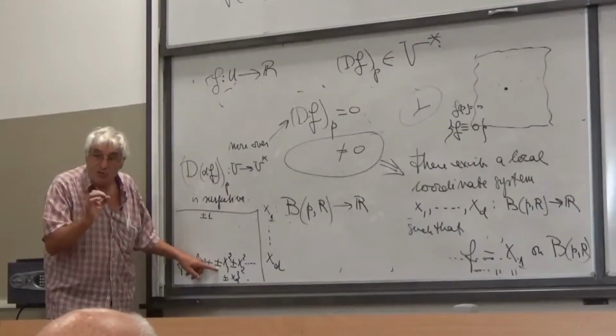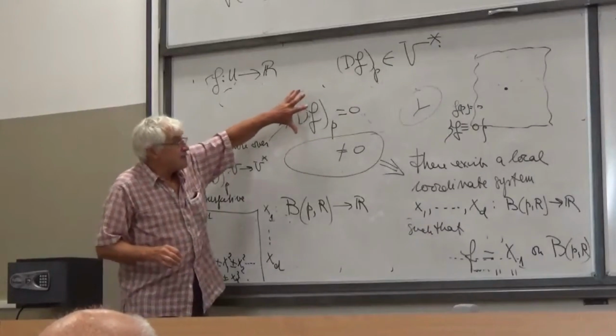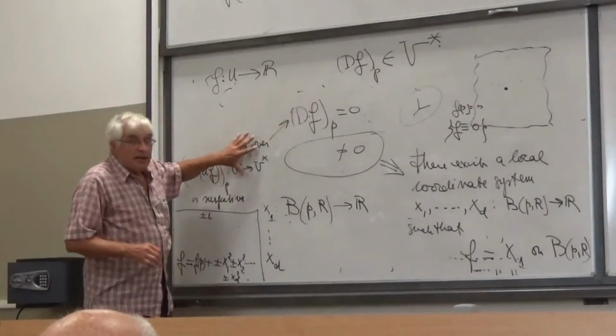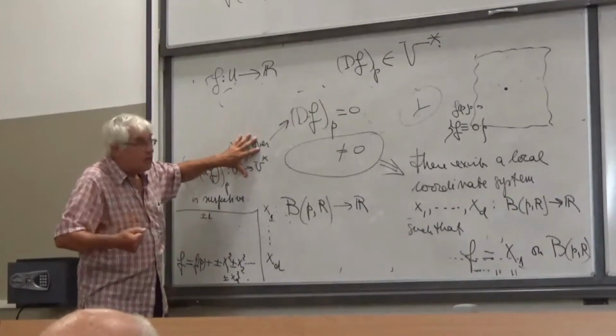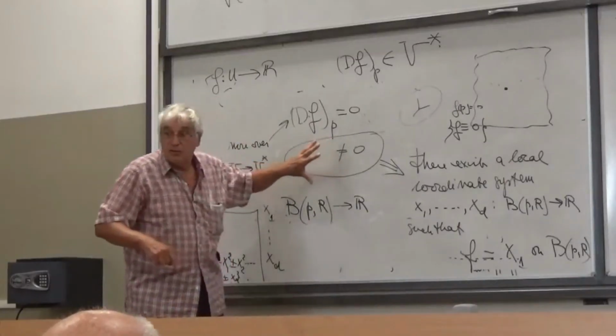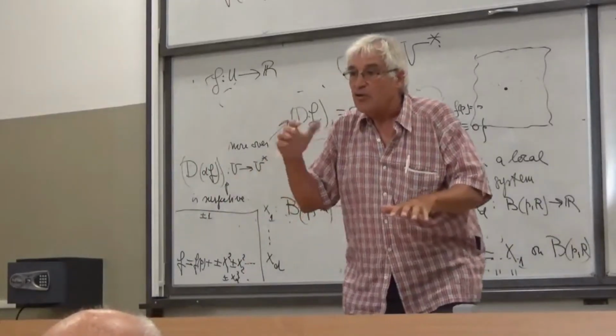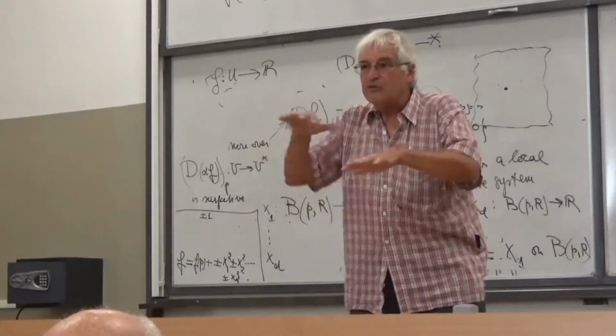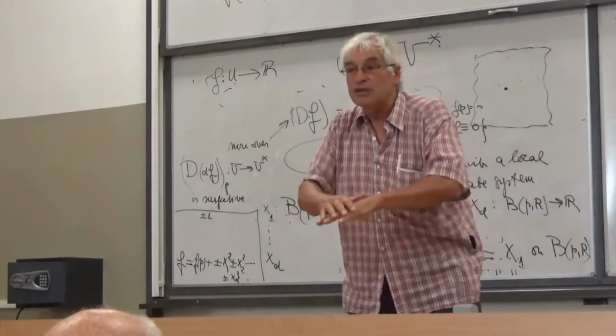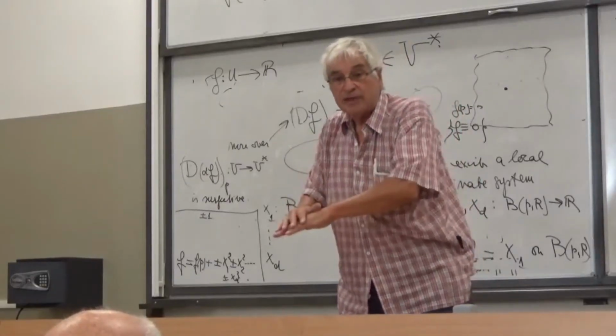This is only true under this hypothesis: differential zero and Hessian non-degenerate, or differential non-zero. In all other situations, you do not have such a statement. All functions have a local behavior which is much more delicate to describe.